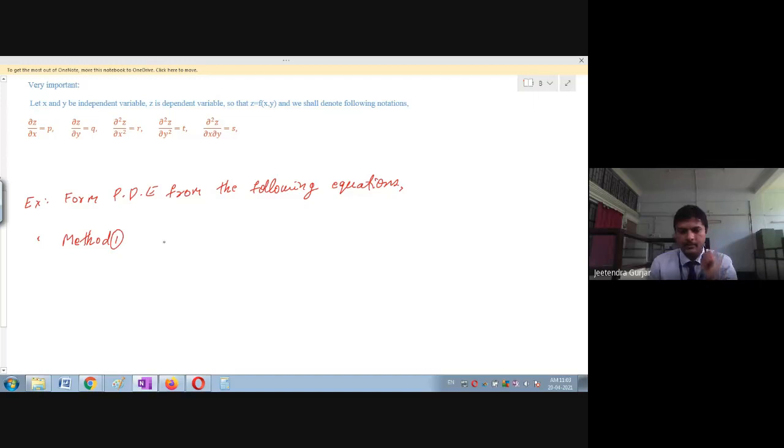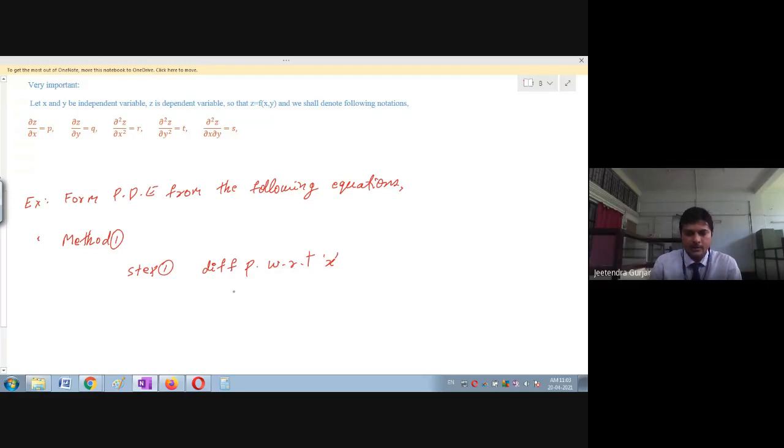Suppose they give any equation. In method 1, I will go with step 1. What do we have in step 1? We take the equation and differentiate partially with respect to x. Am I right? We have done this already.